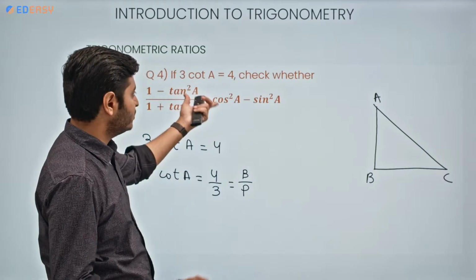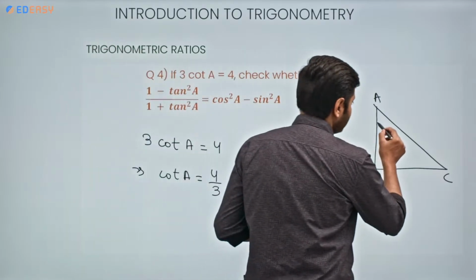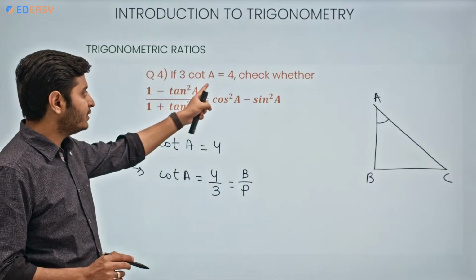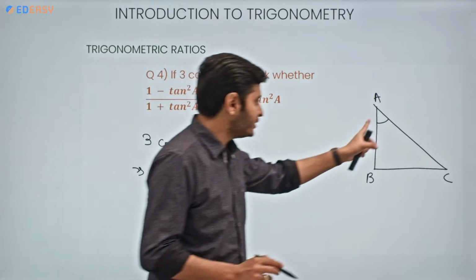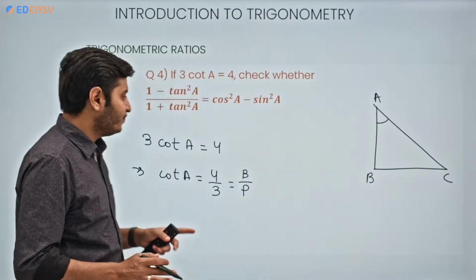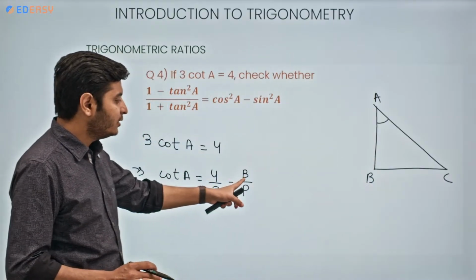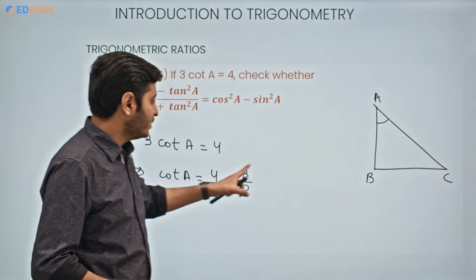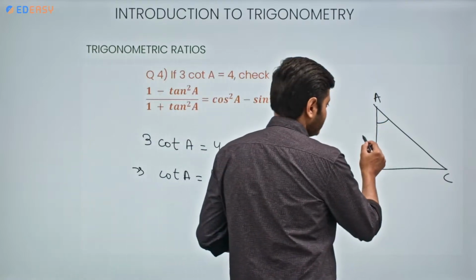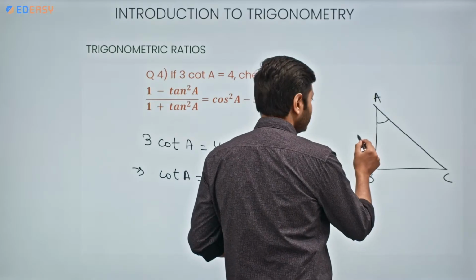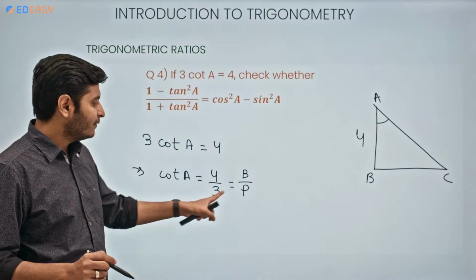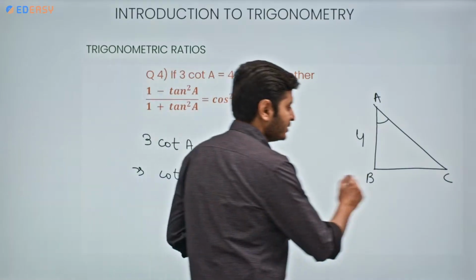So here the angle A is given, so it means we need to consider this angle. Be very careful about this. Whatever angle is given, you need to consider that angle only in the figure. Now, what is the side that is base when we are referring to angle A? Base is the side adjacent, so this is my base. The value of the base is 4, not centimeter again, very careful. The value of the perpendicular, side opposite, is 3.